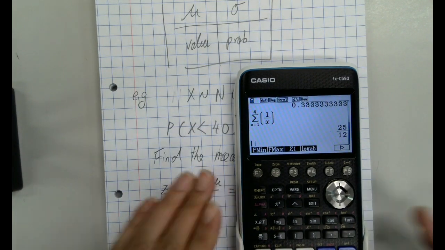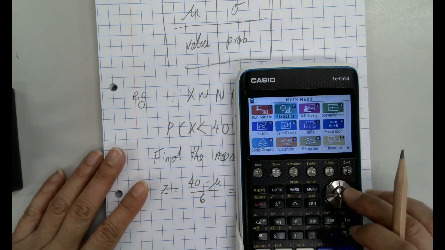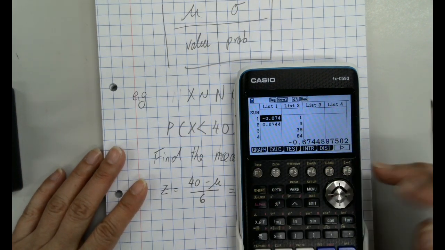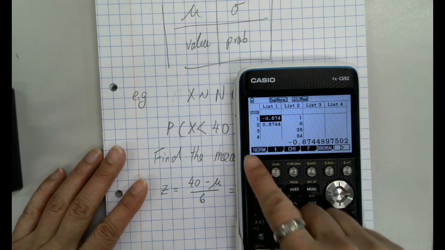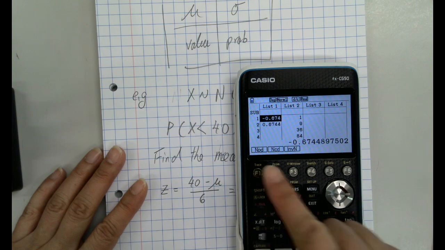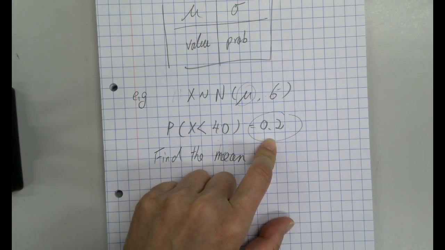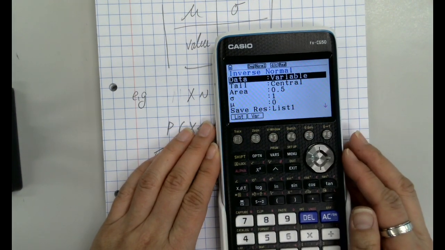Casio, I choose you. It goes here as a normal screen. We need to go to statistics. That's my previous number here. So I will use the distribution. We are doing normal distribution here, but this time it's the inverse because the probability is provided. We will use inverse when the probability is provided.